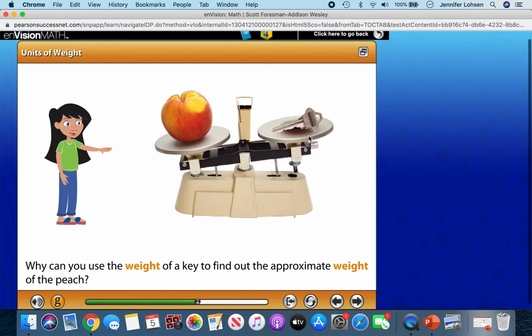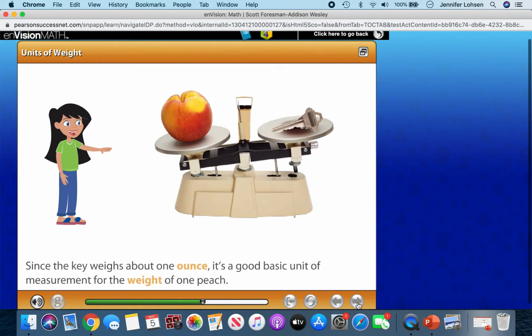So the same rule applies here. This key is about 1 ounce. So if we have multiple keys that all weigh about 1 ounce, they're identical in shape and size, we can use those keys as a non-standard form of measurement to figure out approximately how many ounces this peach weighs.